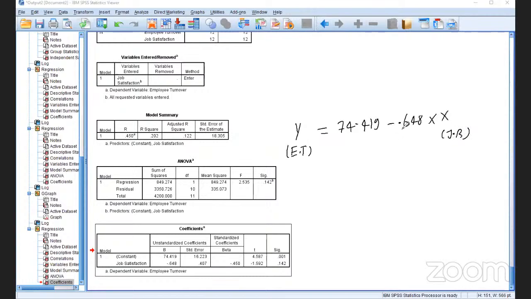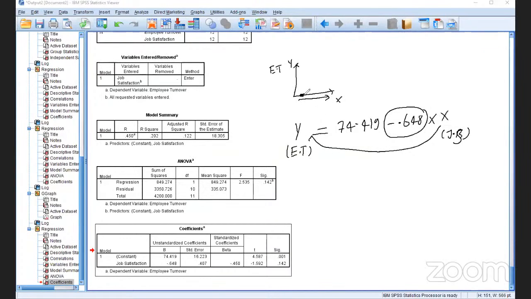It means there is a negative relationship between X, job satisfaction, and Y. With job satisfaction on the x-axis and employee turnover on Y, when job satisfaction increases, employee turnover decreases.